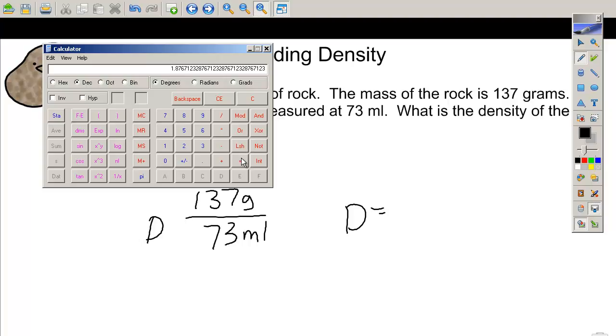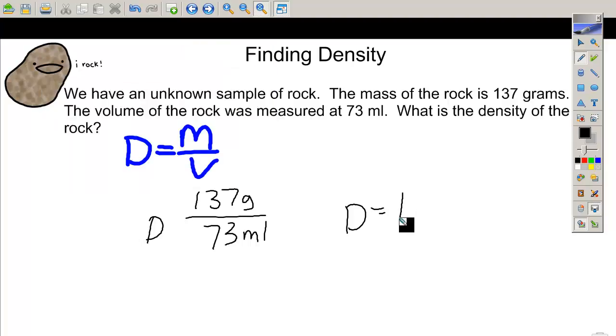We're just simply going to go to the hundredths spot. So we have 1.87. After the 7 here, you can see is the number 6. That means that we had to move that 7 up to 8. So our density is 1.88 grams per milliliter.